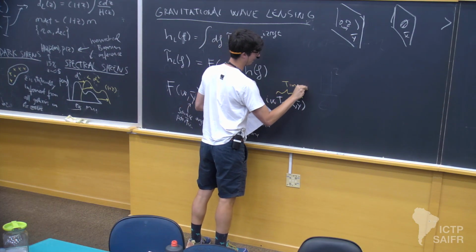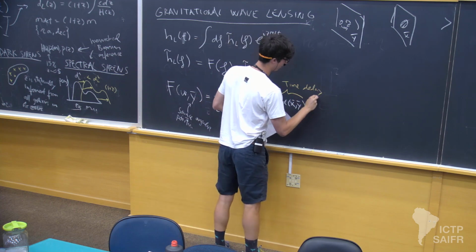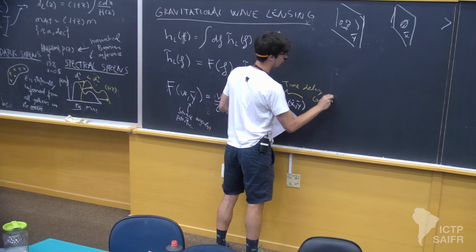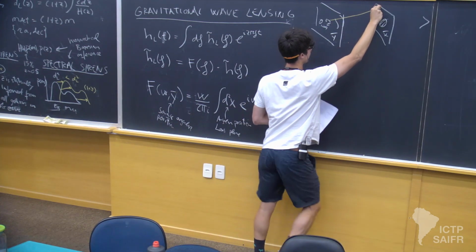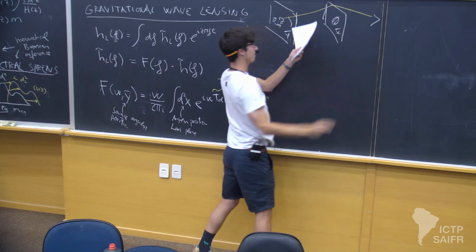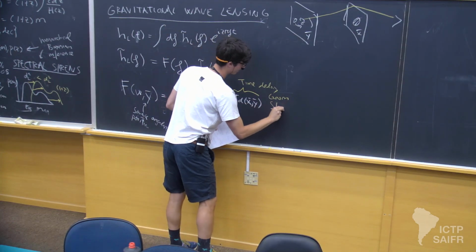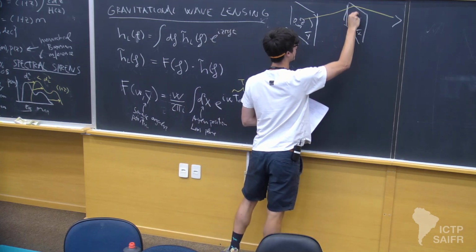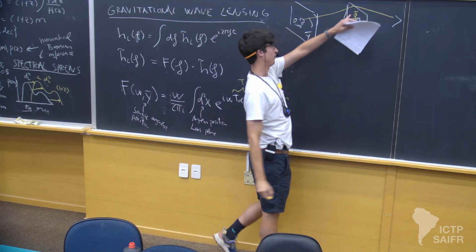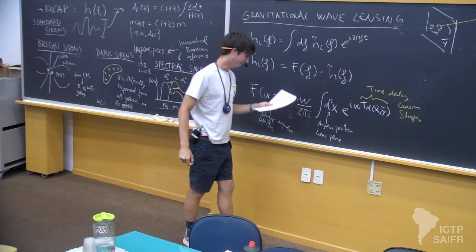The time delay accounts for a geometric component, which is the fact that the wave is not going to travel in a straight line but is deflected, and a Shapiro delay, which comes from the gravitational potential of the lens also delaying the signal.